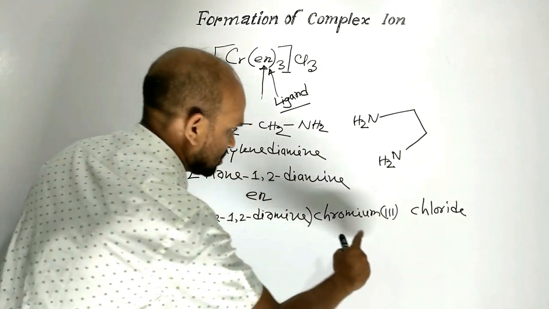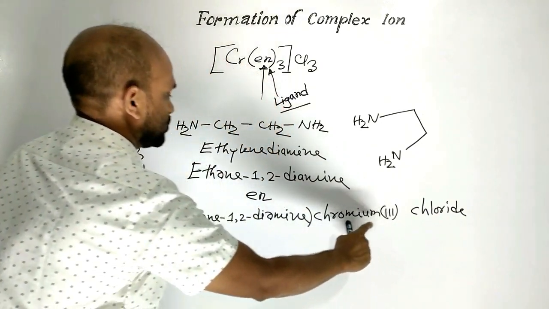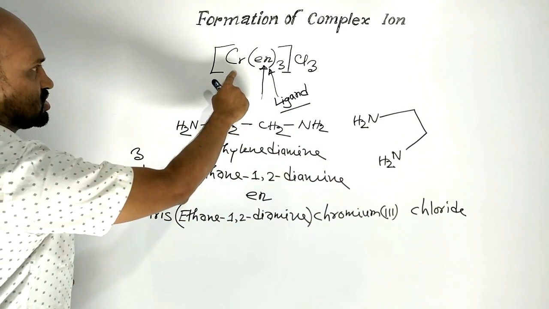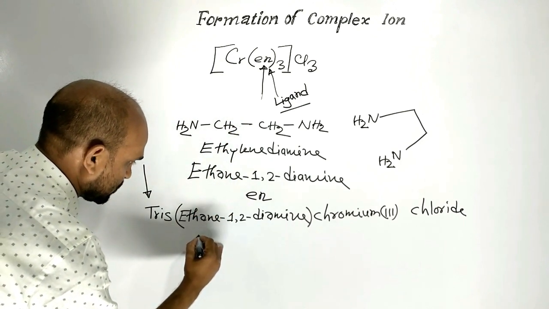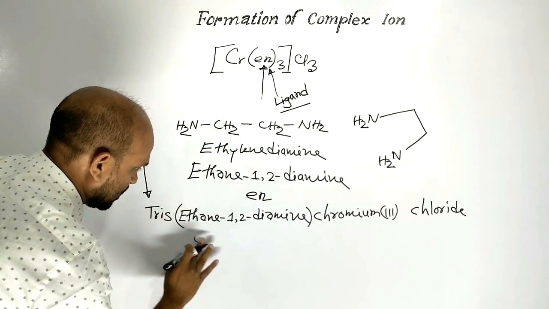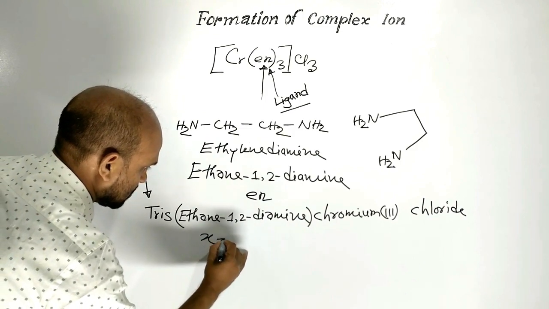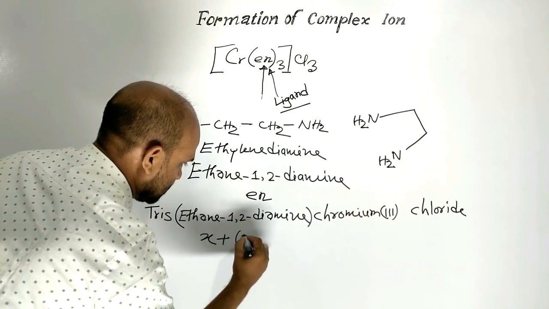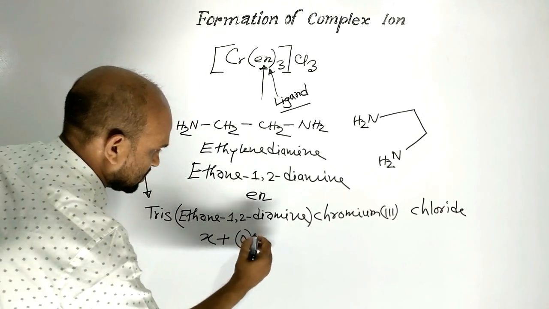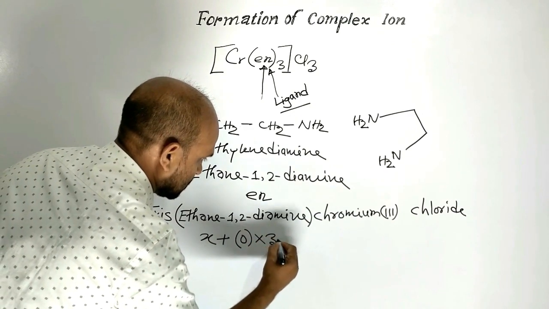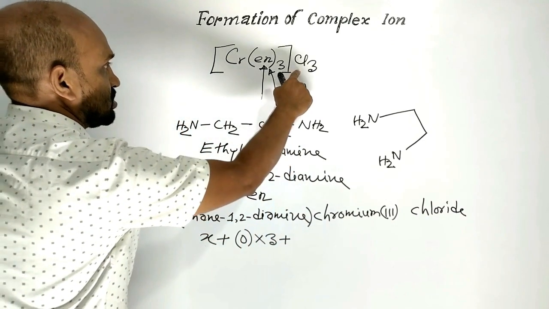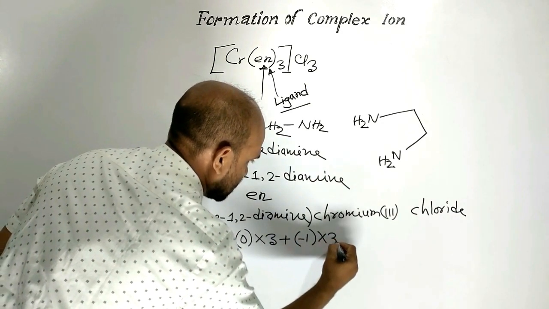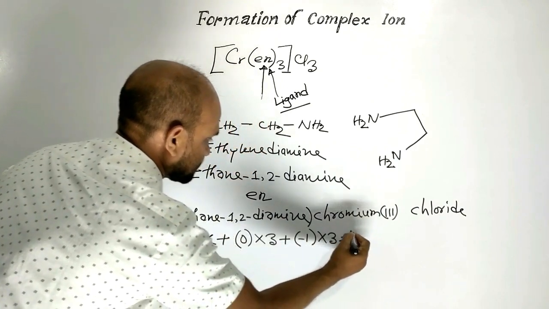Now let us try to see why 3 is used in chromium 3. Now let us see what is the oxidation number of chromium. Suppose the oxidation number of chromium is X plus N. This is a neutral ligand. Its oxidation number is 0 into 3, plus the oxidation number of chloride ion, -1 into 3, is equal to 0.